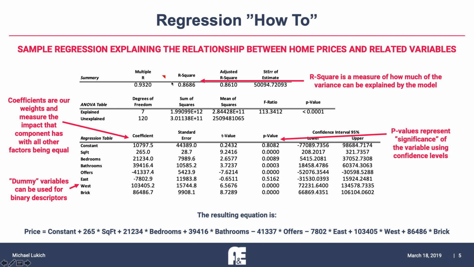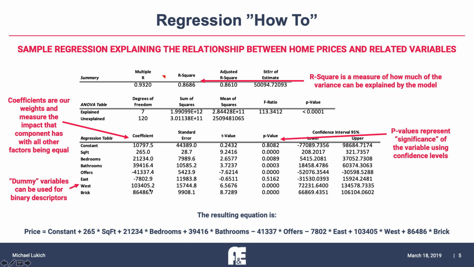So really, the closer to 1 the better, but a lot of times you see models that are in the 0.7, 0.8, or even 0.6 range. And what that represents in this case is that this model represents about 86% of the variance, and it's about 86% accurate here.